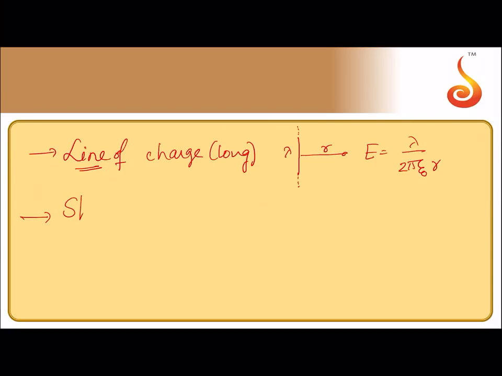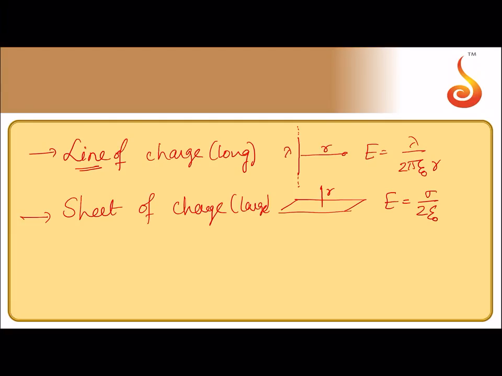And for a sheet of charge, and again a large sheet, the electric field at a distance r is given by sigma by 2 epsilon naught.